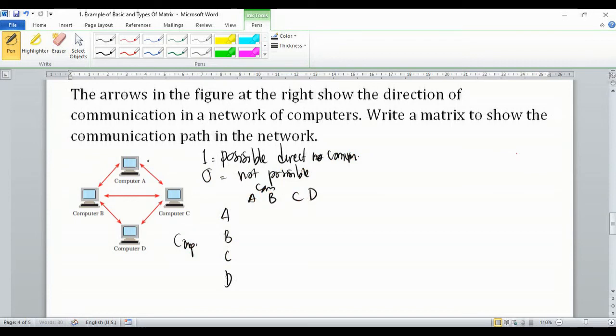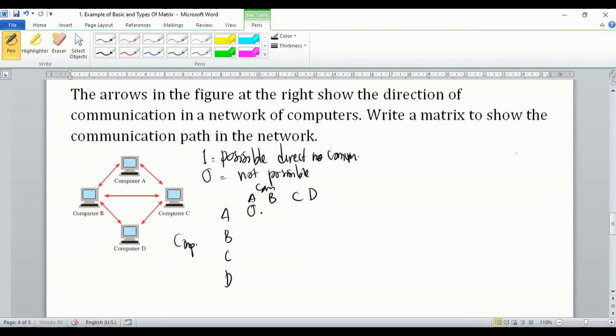Computer A to computer A is not possible, except if they go directly to another computer and then come back to computer A. It's possible, but in here we are talking about A to A, which is not possible. So we give the point 0.